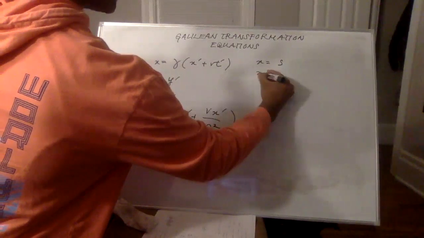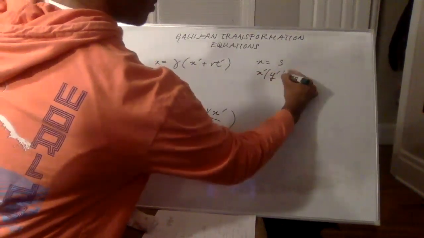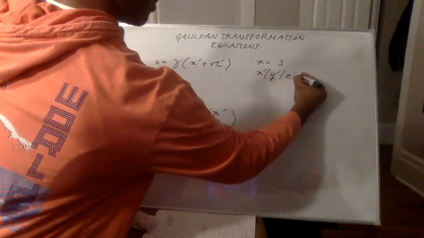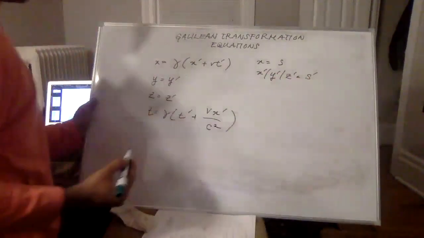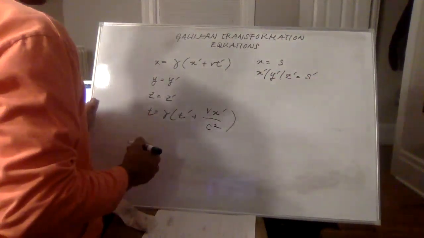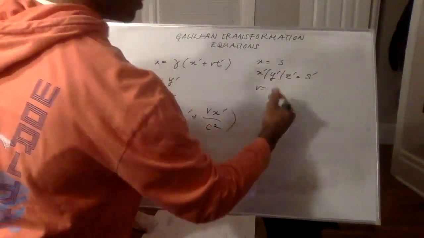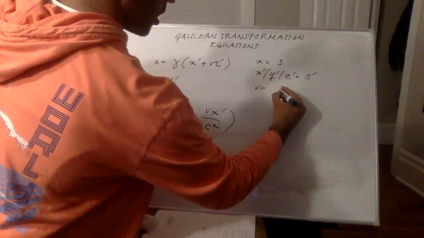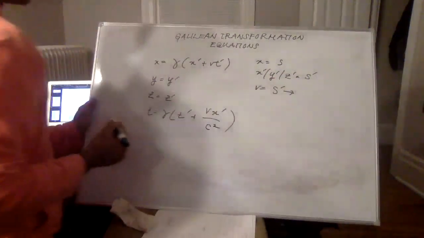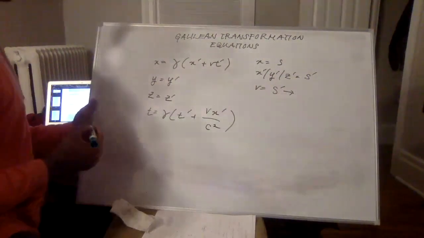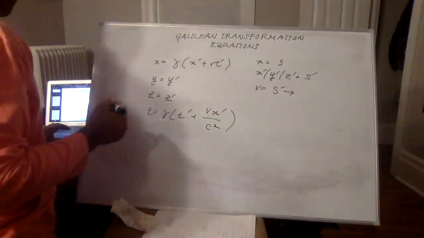Anything with a prime, so x prime, y prime, z prime, we're talking about our moving reference frame, S prime. And v is how fast S prime is moving, how fast our moving reference frame is moving.